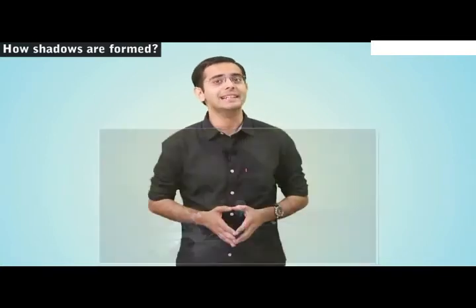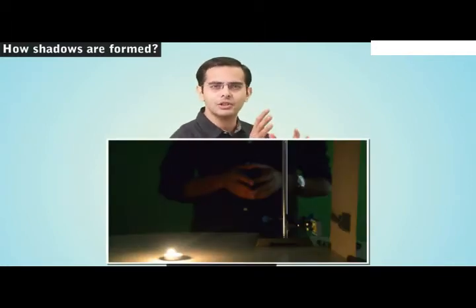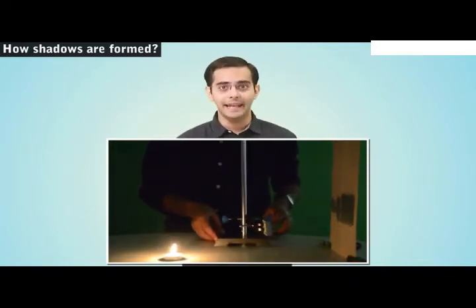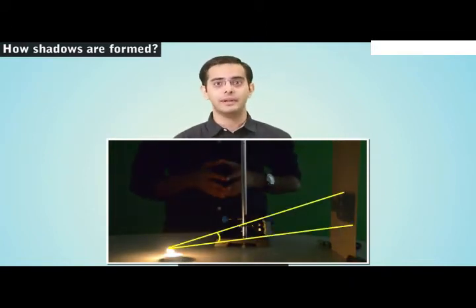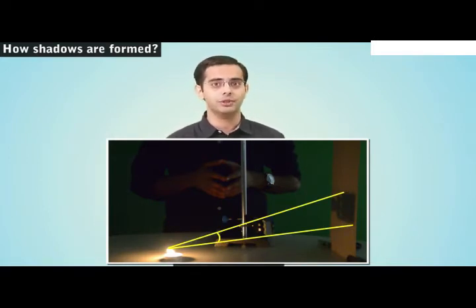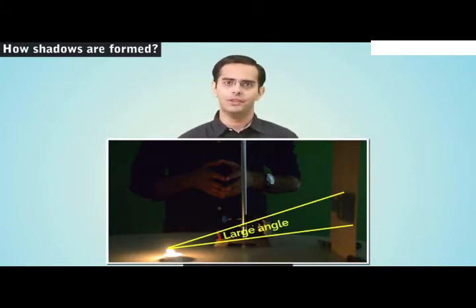Now you know that light rays emitted by the sun or a candle are always diverging in nature. And if an object is brought closer to such a light source, then the extreme diverging rays passing close to the edge or the boundary of the object subtend a large angle at the source, thus blocking a large quantity of light.